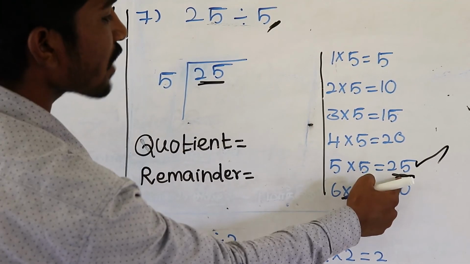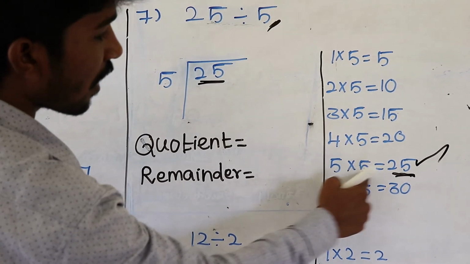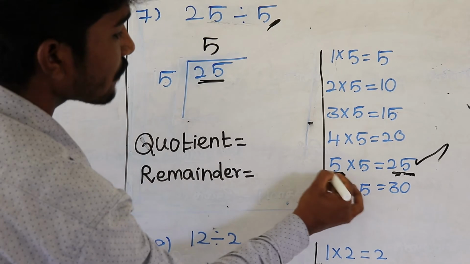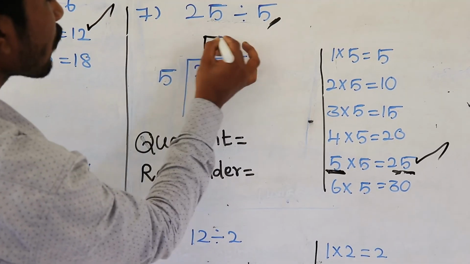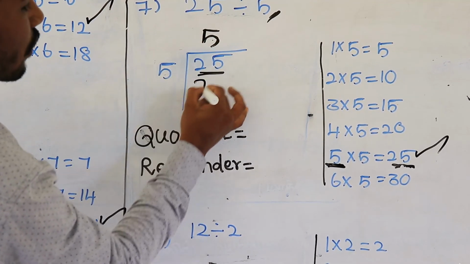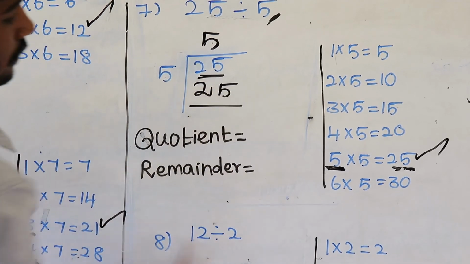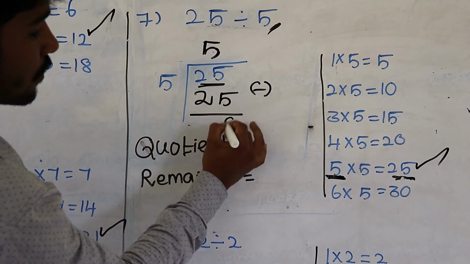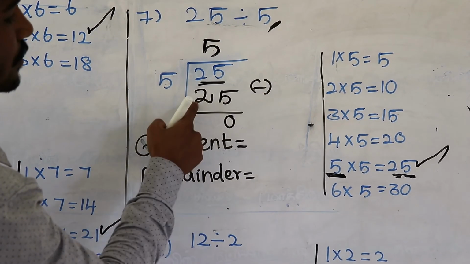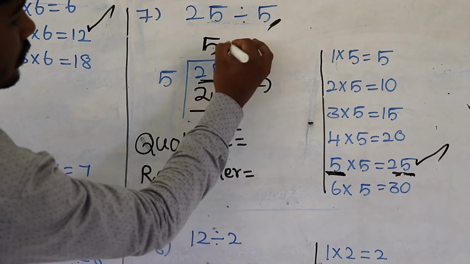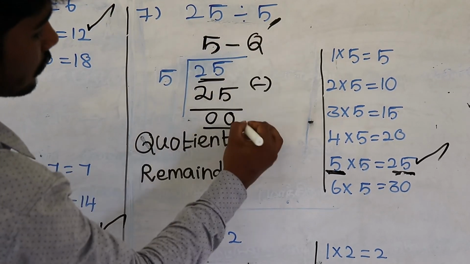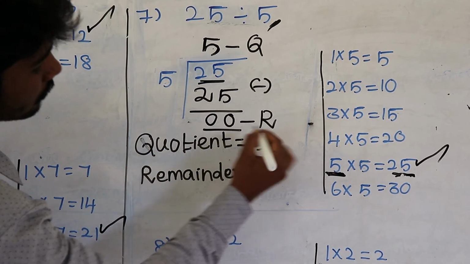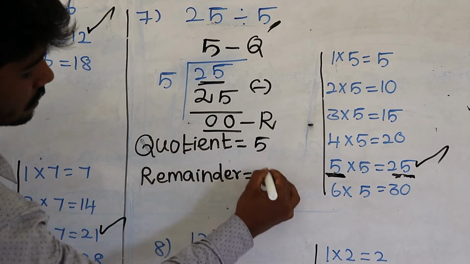How many 5's are 25? 5 5's are 25. This one is the divided value, this one the quotient value. Write quotient value 5. Next subtraction. 5 minus 5 is equal to 0. 2 minus 2 is equal to 0. This is the quotient value, this is the remainder value. So write quotient 5, remainder 0.